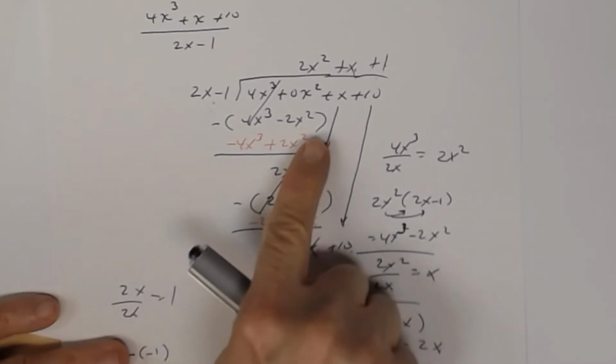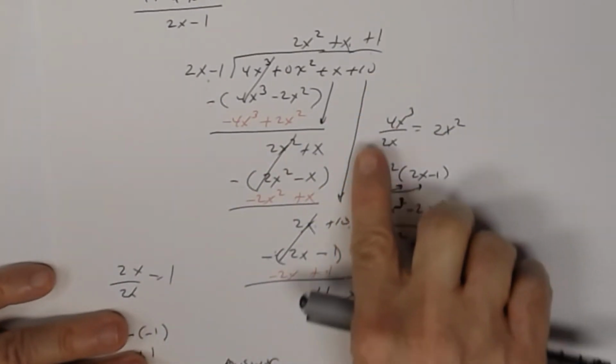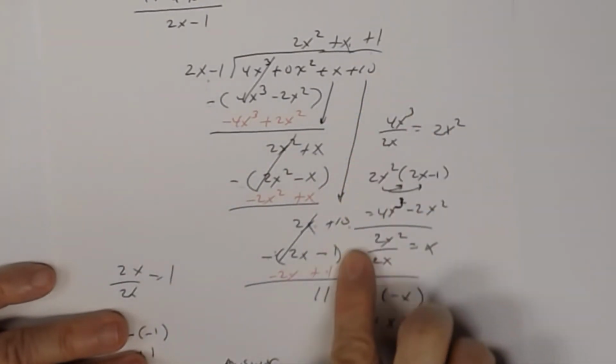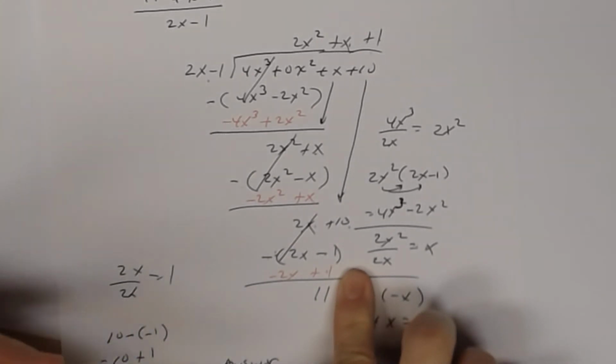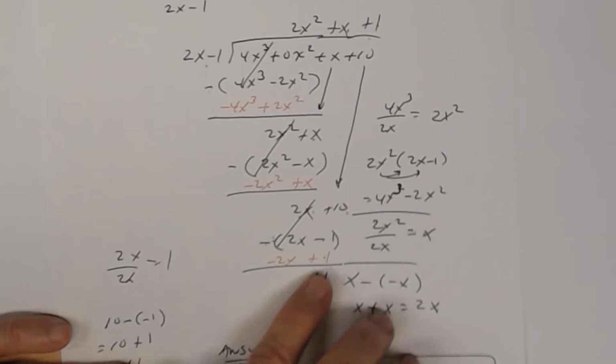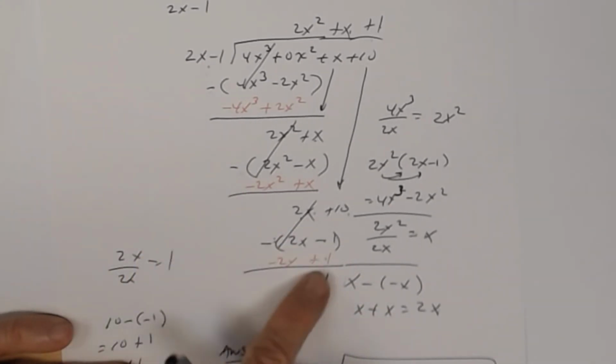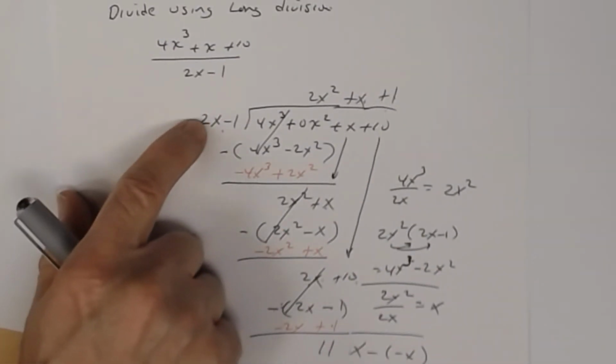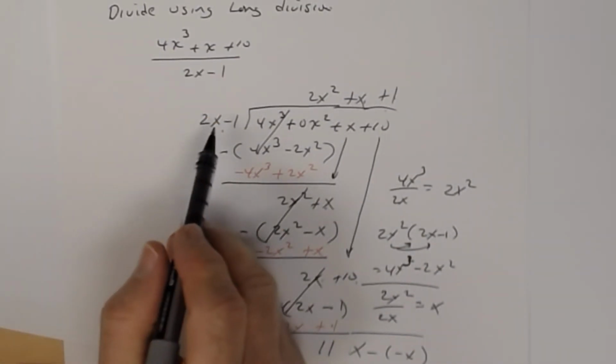So remember we said that you stop when there's no other term to bring down. Well, technically the reason why you're not going any further with the division is because of this. See, the degree of a constant is 0, and the degree of your divisor here is 1, because x to the first.